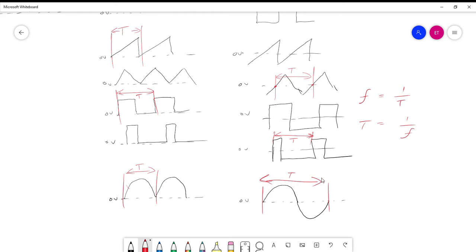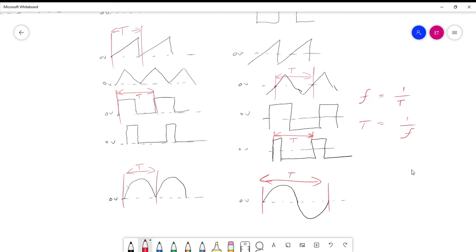If we know that, then we also know how many cycles will happen in 1 second. So frequency is how many cycles will happen in a second, and period is how many seconds it takes to complete one cycle. So cycles per second for frequency, and seconds per cycle for period.